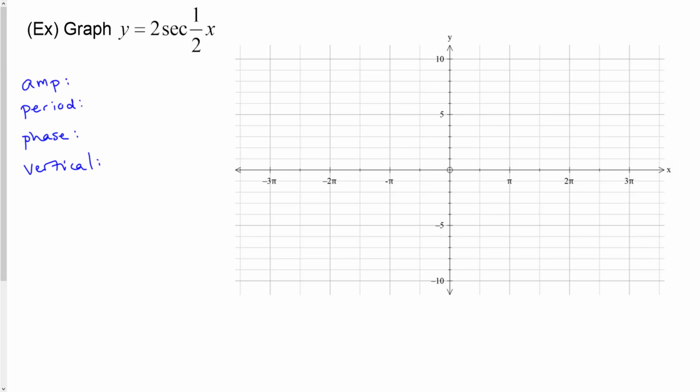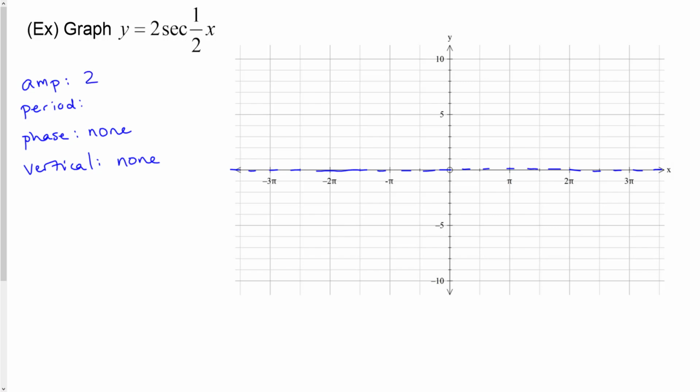So there is no vertical shift, so my cosine is going to have a horizontal axis at 0. And I'm not calling that an asymptote. It's just a horizontal axis to bound between, that's all. The phase shift, there is none as well.